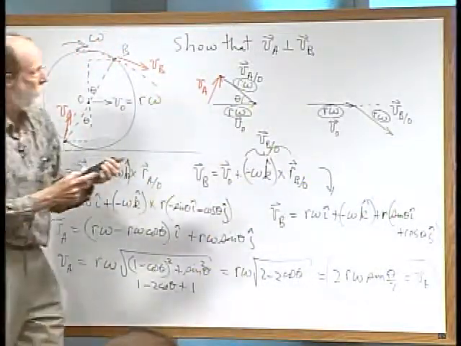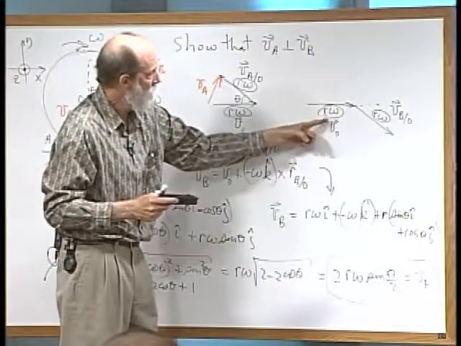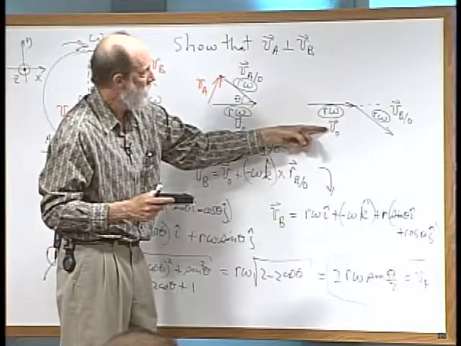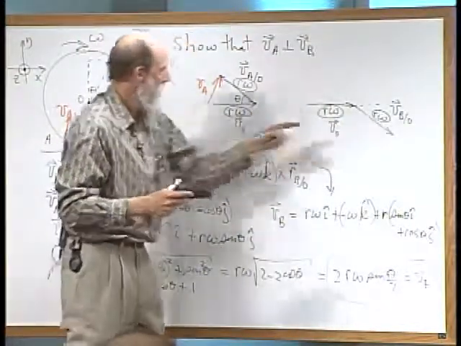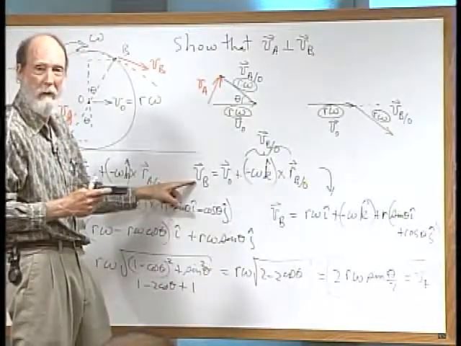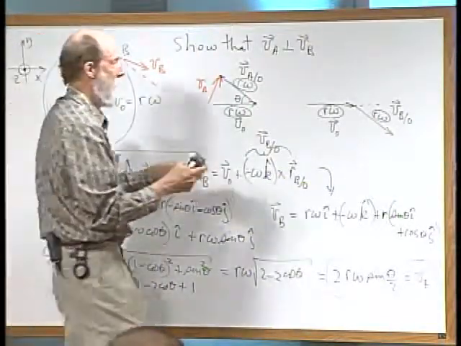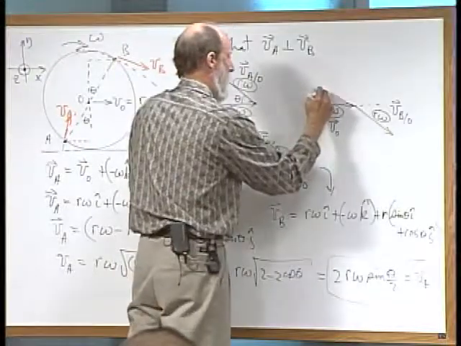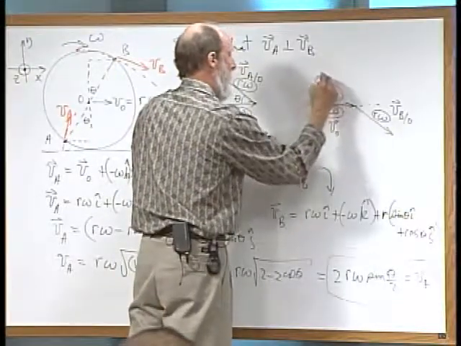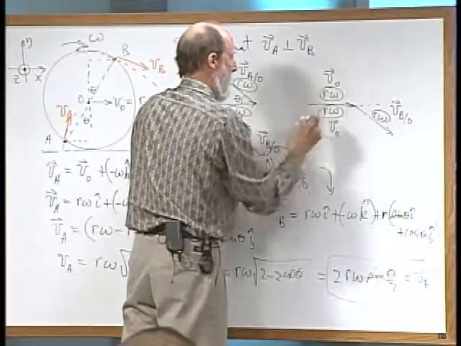Now I'm just going to reset where I have these two identifiers, because our diagonal here is this velocity of B. Okay. So there's r omega. That happens to be the magnitude of the velocity of the center of the wheel.